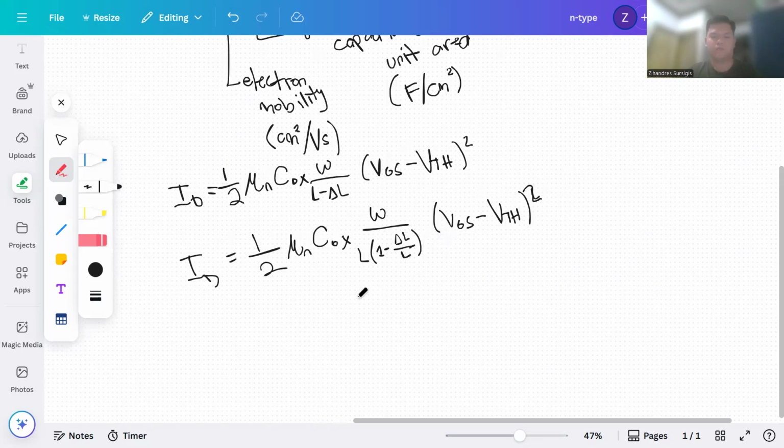Sige. Okay. So as you can see, itong term na to, that term right here, pwede ko pa siyang i-rewrite like this.